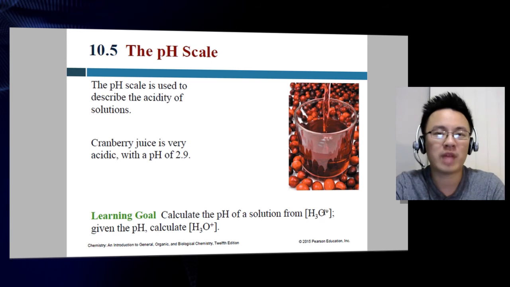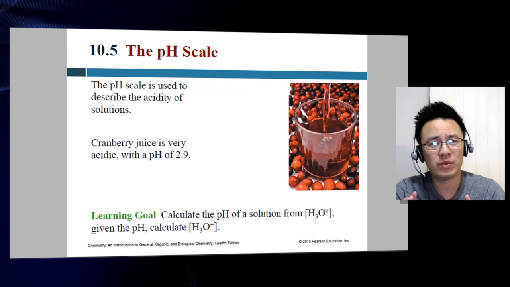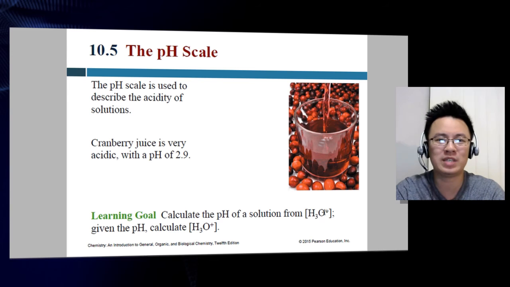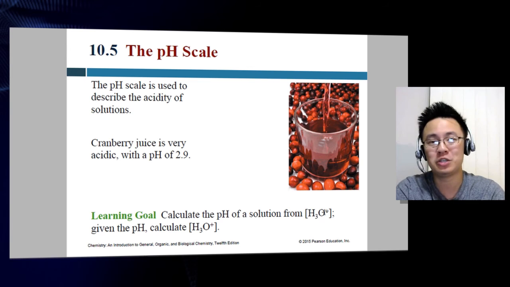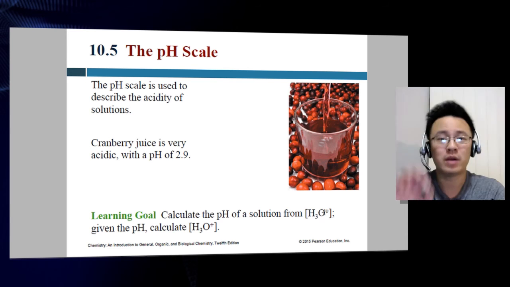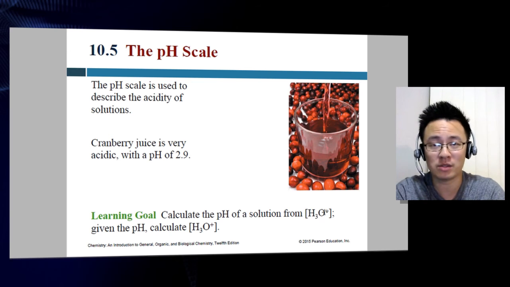Let's go ahead and talk about that pH scale. We've definitely been mentioning it throughout the lecture, but we're going to get into a little bit more detail about that. You already know that the pH is a measure of hydrogen ion concentration in solution. If I were to challenge you to find a way to pick up every little hydrogen ion in solution and count them one by one, if you ever discover the way to do that, you need to give me a call, and you and I are going to win this Nobel Prize together.